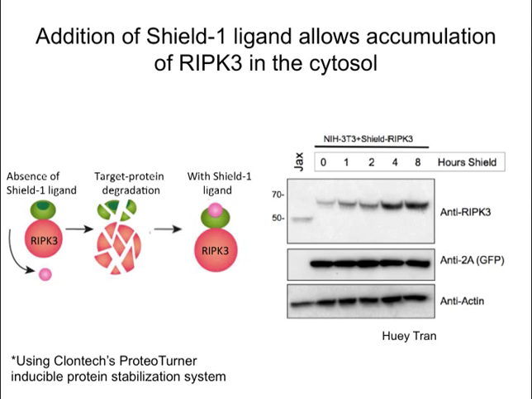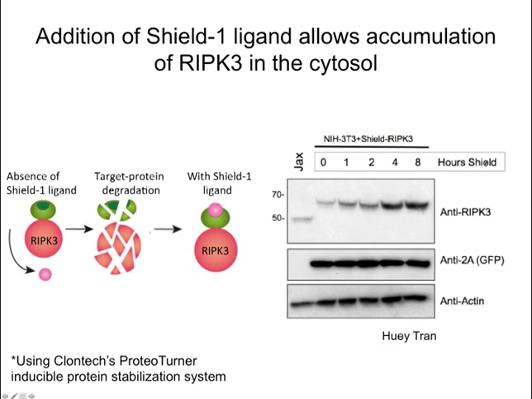destabilization domain, which is another protein domain that we can fuse to RIP3. This protein domain leads to the rapid and constitutive degradation of any protein that you stick it on. But when you add this SHIELD1 ligand, you stabilize this domain. And so what you can see here is that this is endogenous RIP3. This is RIP3 with this destabilization domain fused to it, and it's present at a low level.